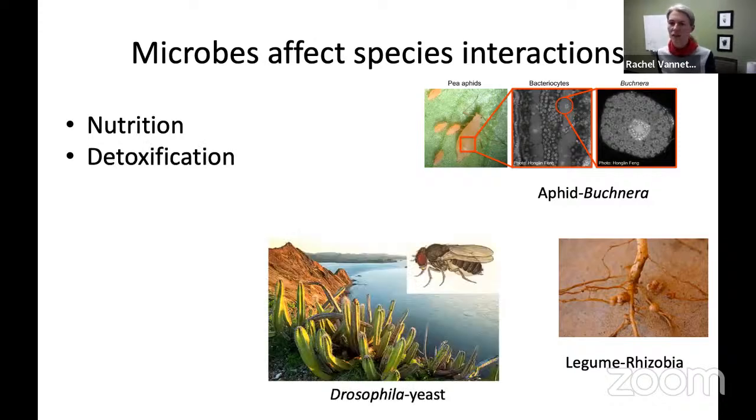Microbes can also provide services like detoxification of diet. A really good example of that is the Drosophila yeast system, where cactophilic Drosophila vector these yeasts along with them that help detoxify otherwise very toxic cacti that they feed on.